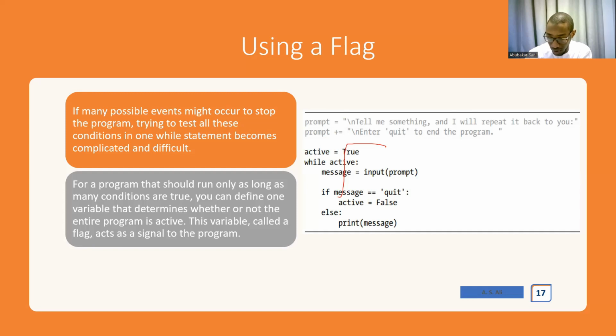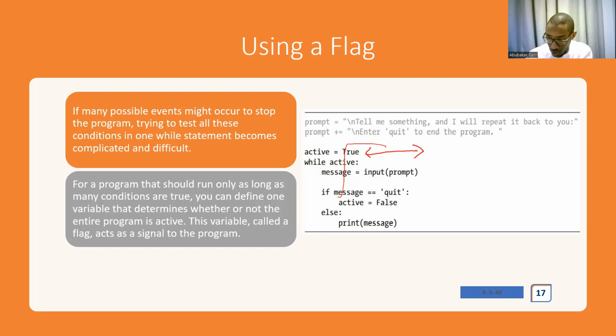After we get the same code, we change that condition to just use a flag called active. Here our active is true. We are saying the parrot is active, always talking.